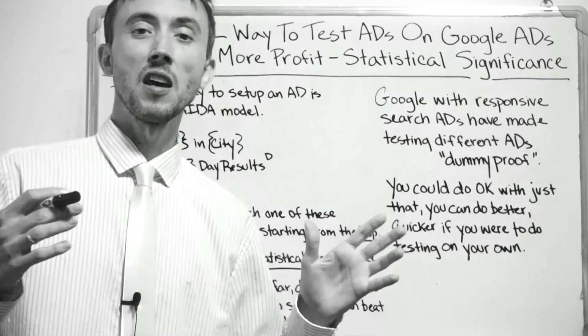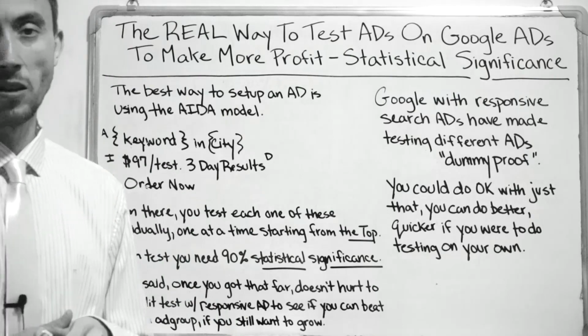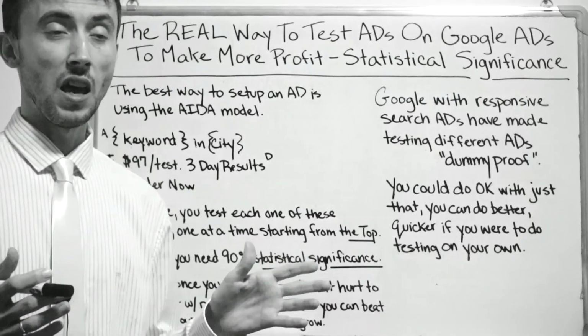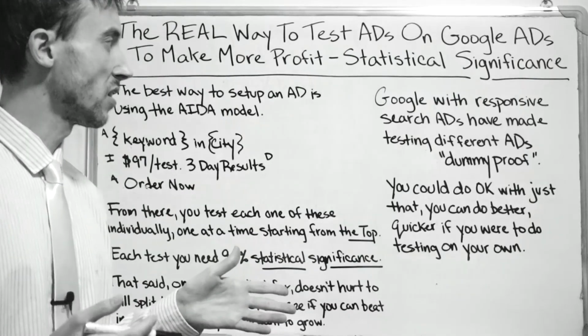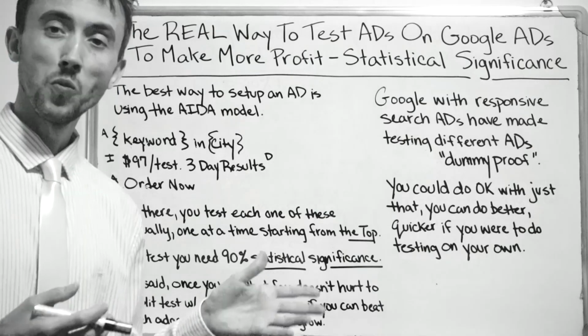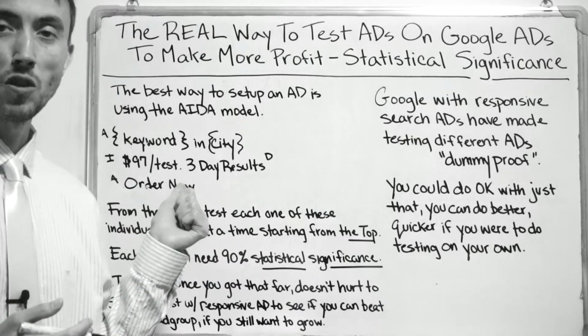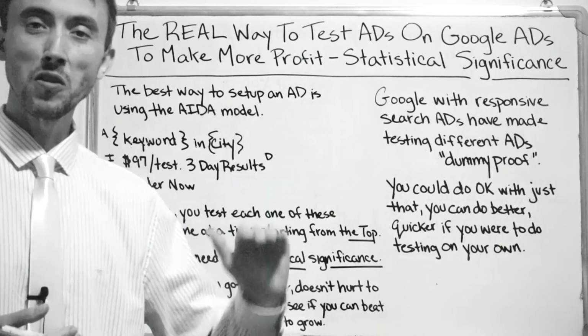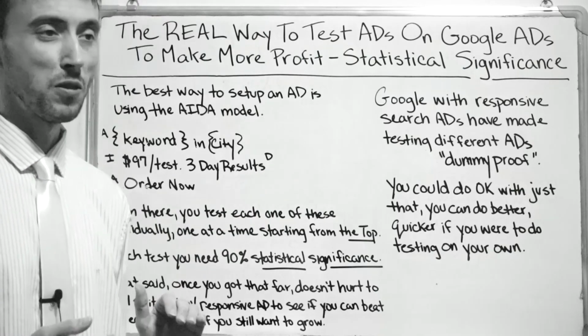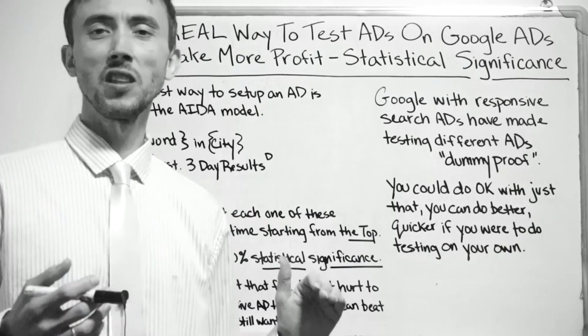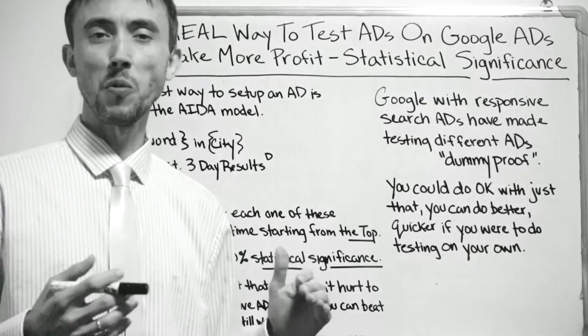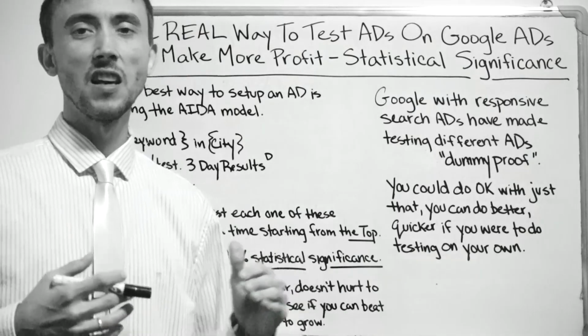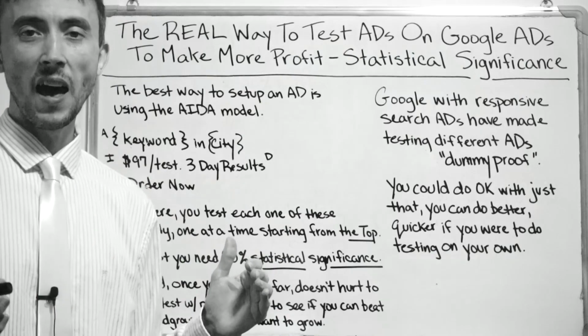Now, I've had several people on this channel ask me questions and say, why is it that if you don't put a lot of headlines and descriptions in, your ad strength score goes way down? And they're saying, well, Corey, not putting in the full amount of headlines, the ad strength of my ad is way down.